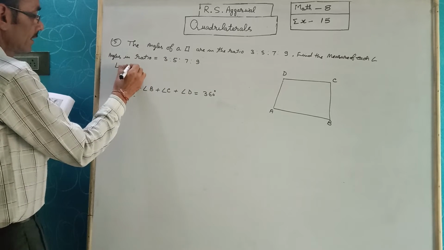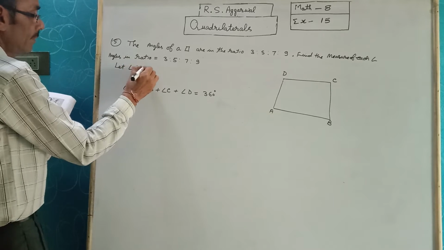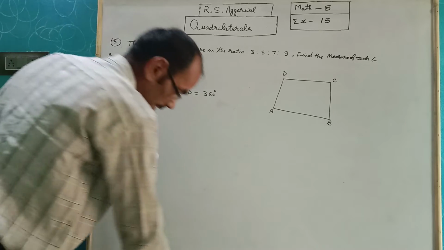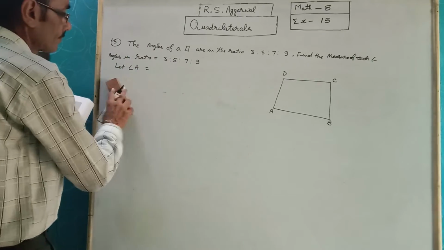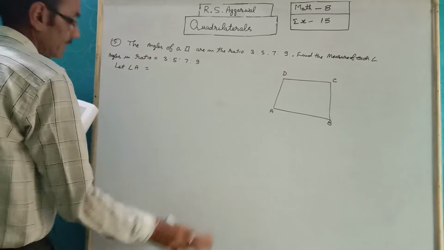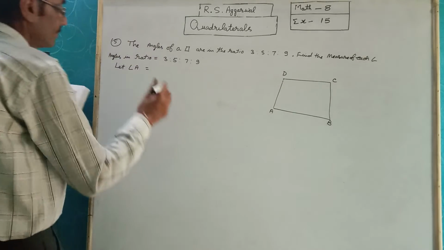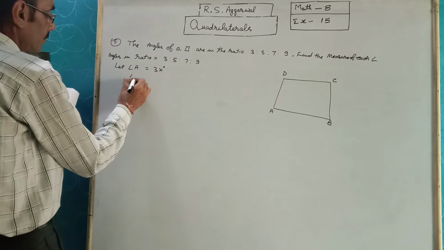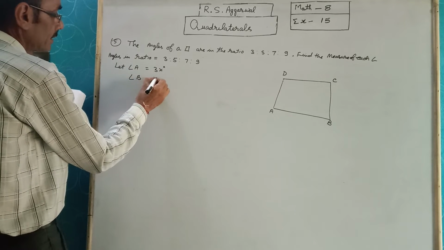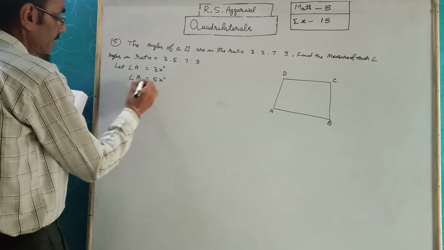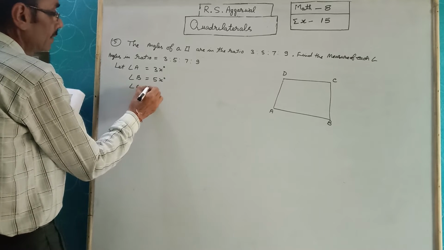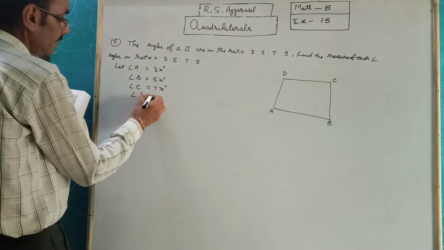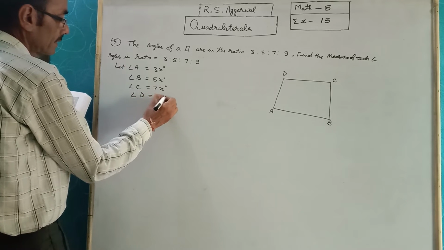Let angle A be, write the x with ratio, 3x, B will be 5x, and C will be 7x, and angle D will be 9x.